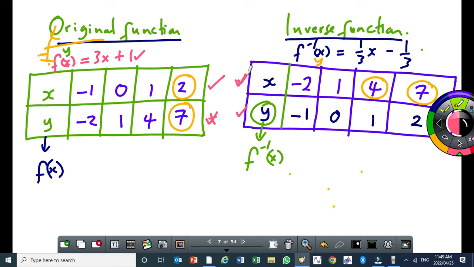So the y becomes x, the x becomes y. So it will be like this: x becomes y, and y becomes x. That's the concept of the inverse.